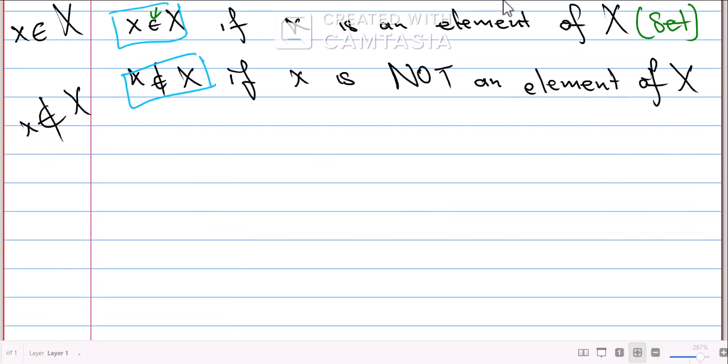We say two sets are equal when this is satisfied.